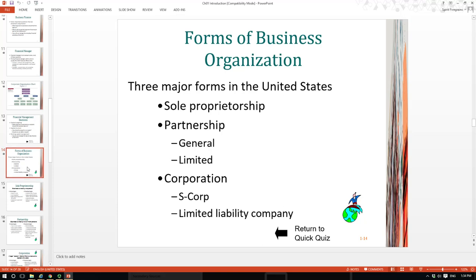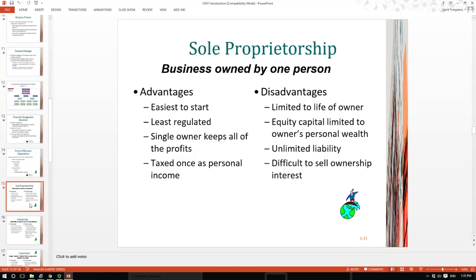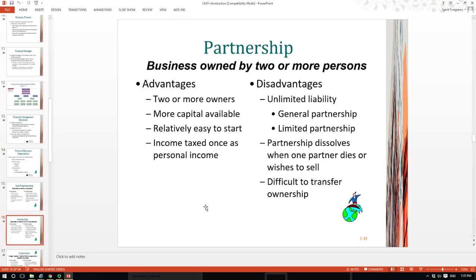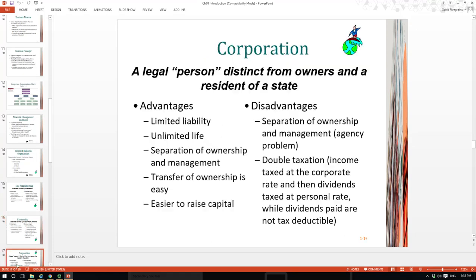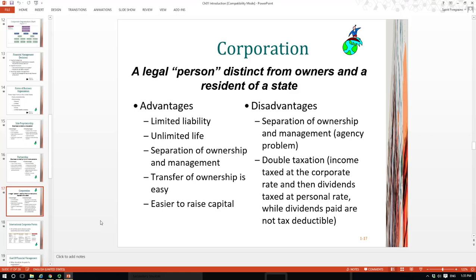And the most popular way to establish a business organization is through a corporation, either through an S corporation or a limited liability company. And here are the advantages and disadvantages for sole proprietorships. And here are the advantages and disadvantages of partnership. And the last one is about the corporation.